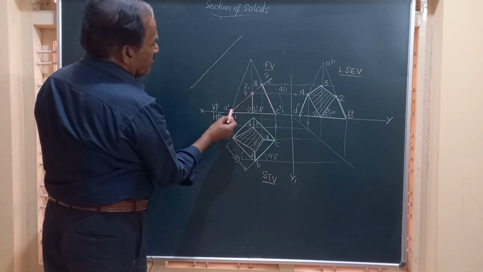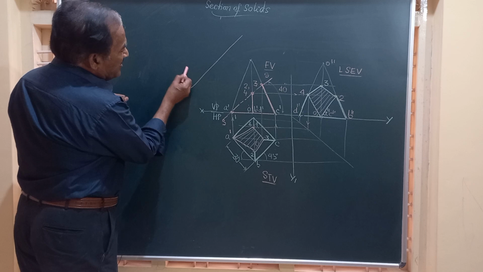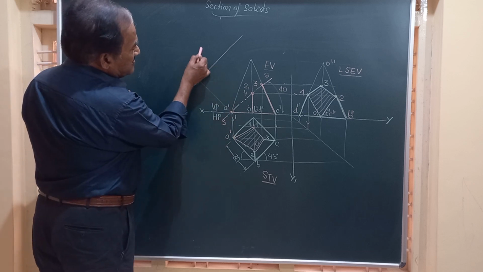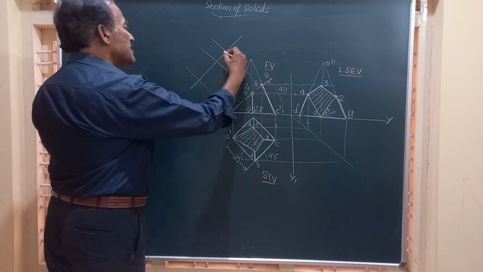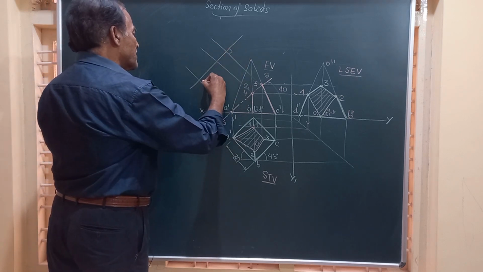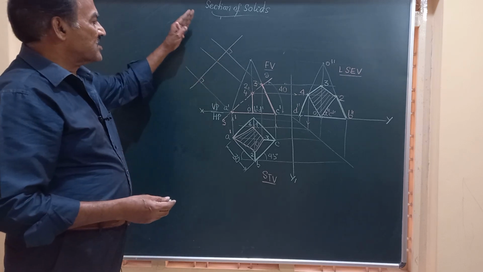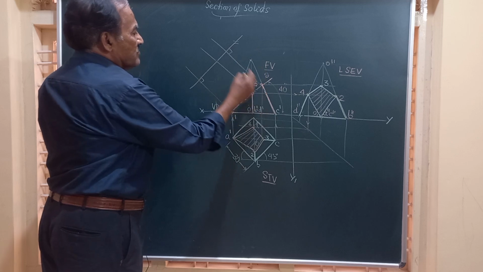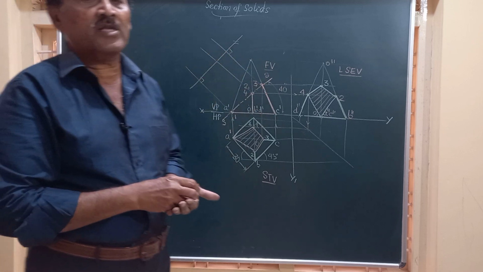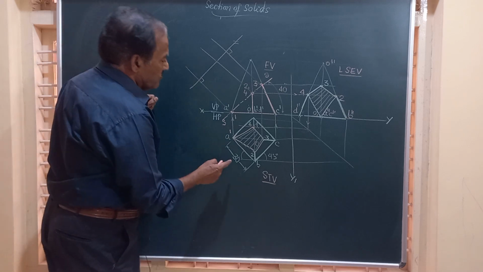And from all these points, namely 1, 2, 3, and 4, we will draw perpendicular lines like this, and all these lines are perpendicular to this. Now, above this line, which is drawn parallel to this, we have to locate the points 1, 2, 3, and 4.